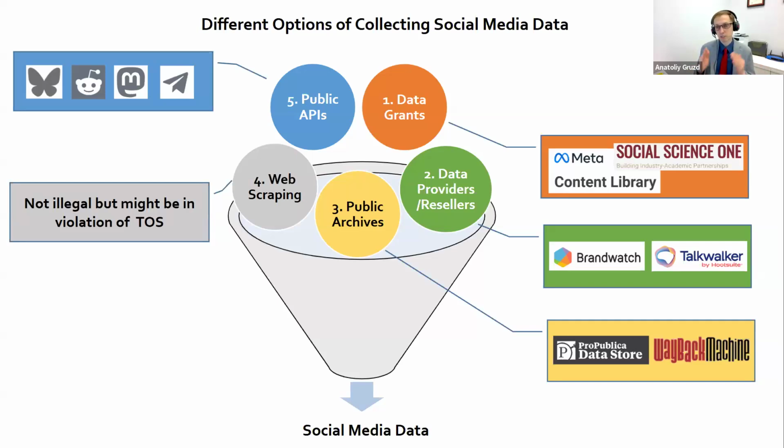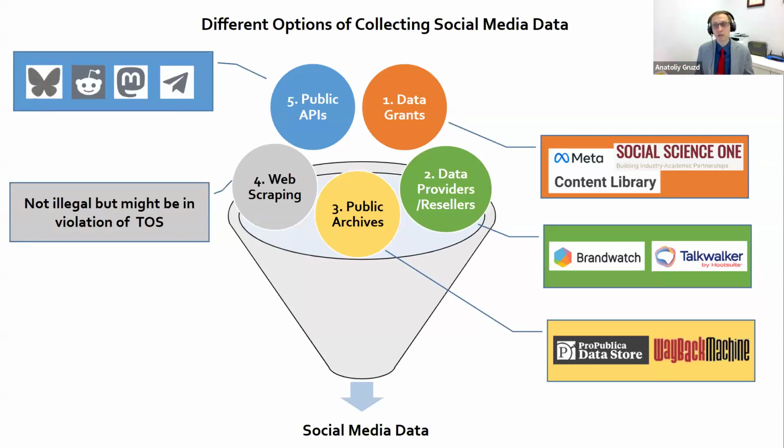The disadvantage, of course, again, is that you're restricted in terms of the volume or the type of data for the collection. So you kind of have to figure out what research questions you may and may not be able to answer with that data. But that's where the questions of triangulation and mixed method approach come in, outside the scope of today's webinar. So we are focusing on approach number 5, public APIs to collect social media data.